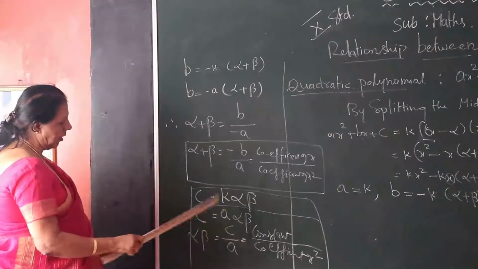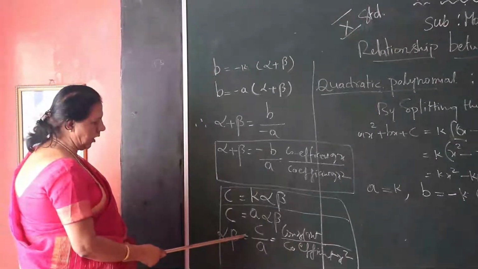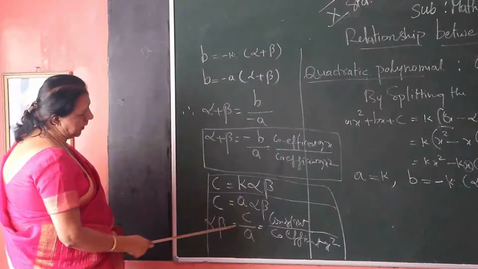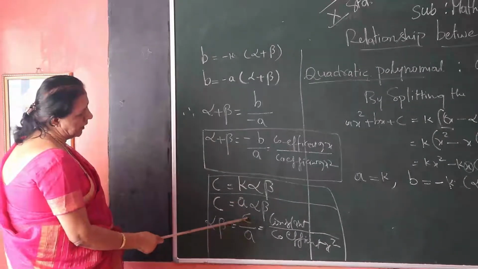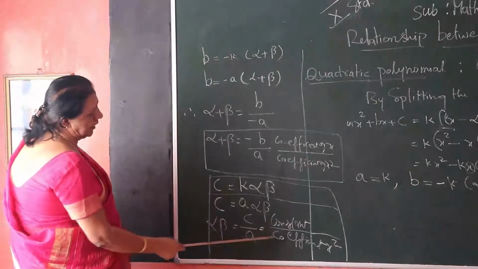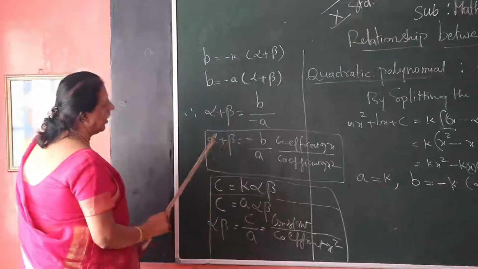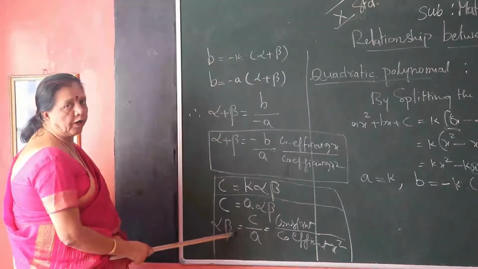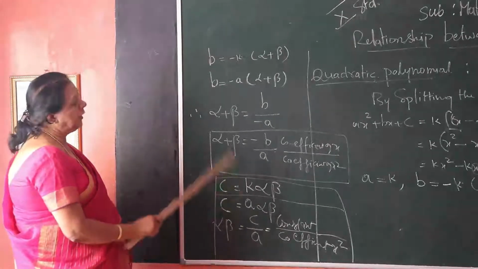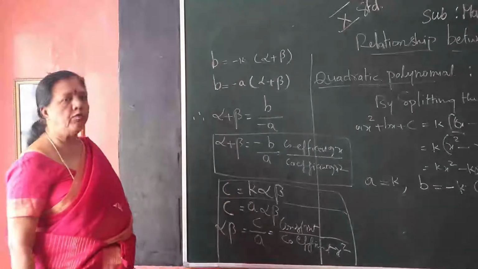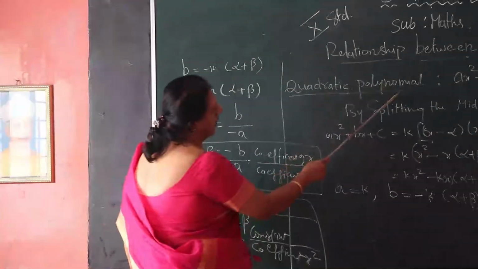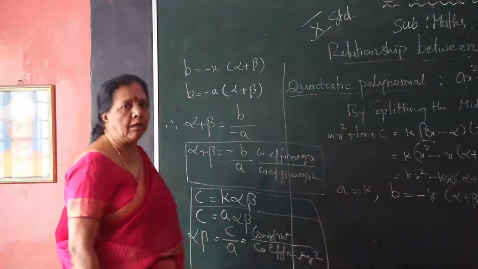Substituted as alpha beta is equal to K substituted as A. So alpha beta is equal to C by A. C is constant, A is equal to the coefficient of x square. This is the sum of the alpha beta. This is the product of the alpha beta. This is the derivation you have to remember out of the quadratic polynomial.